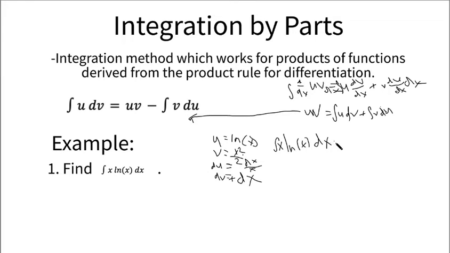First you just multiply u and v: natural log of x times x squared over 2.